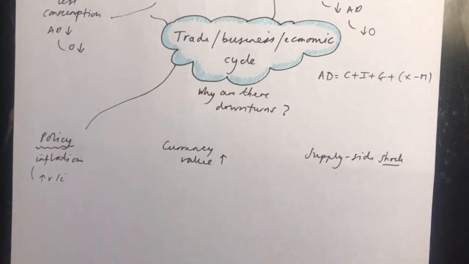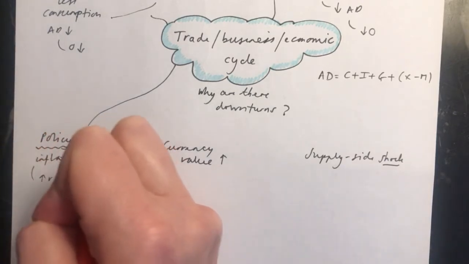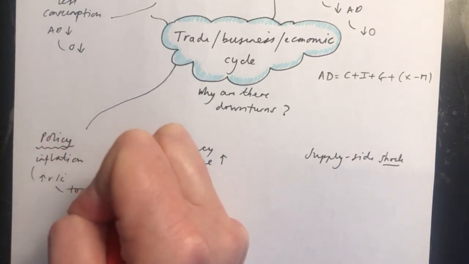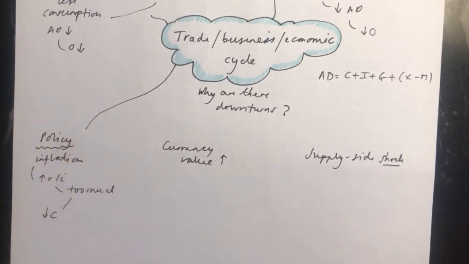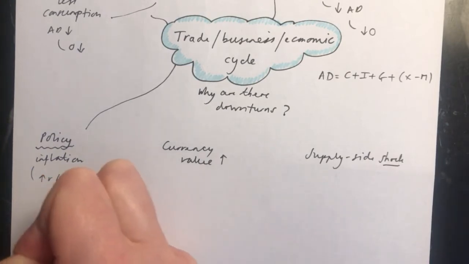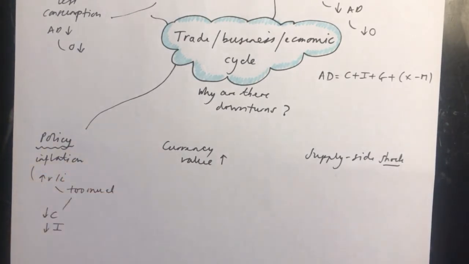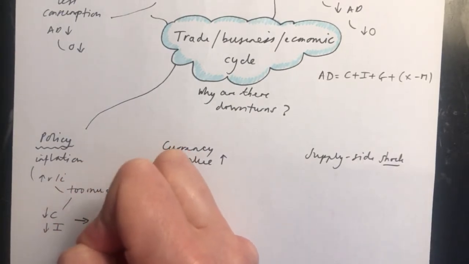The idea of that will be that you will dampen down demand. However, if this is done too much, then it might cause a significant decrease in consumption, more than they wanted. It might also cause a significant decrease in investment, more than they intended. And all of this together could potentially lead output to fall.